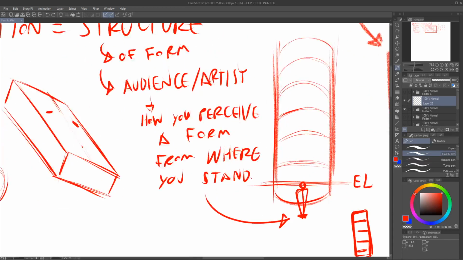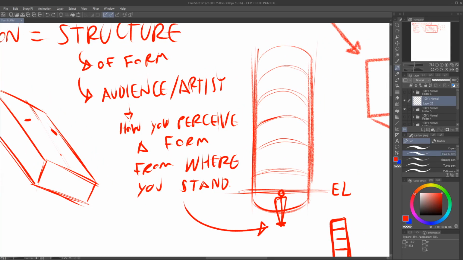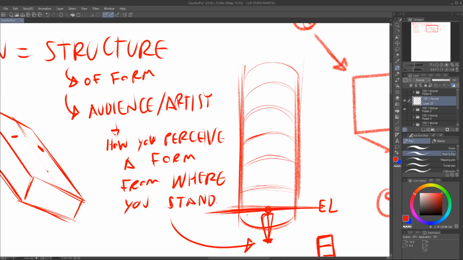But a human standing at the bottom level of the tower perceives it in a different way. The eye line on the horizon is about here for them, and that means that the ellipse that's down below their feet is going to curve down towards their feet on the ground plane.